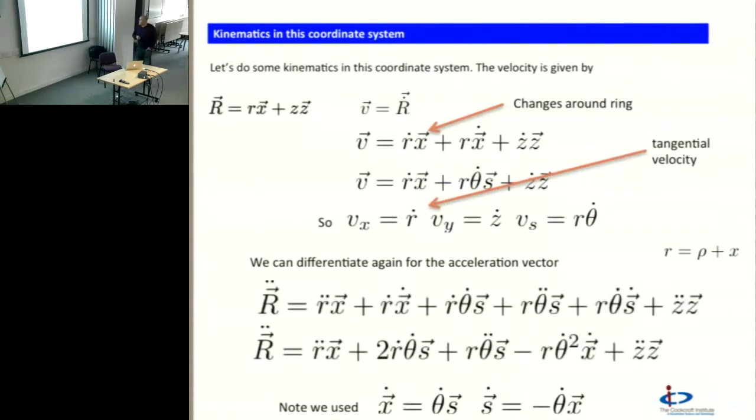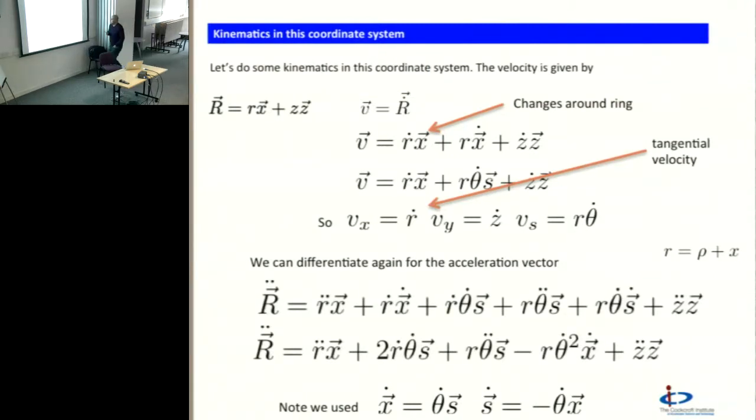So a bit of dullness we have to do. You may have seen this before if you've got a physics background, or if you haven't, don't worry, it's all straightforward. You have to just do some kinematics. So our position vector is r = x x-vector plus z z-vector. We want the velocity and the acceleration. We have to differentiate.